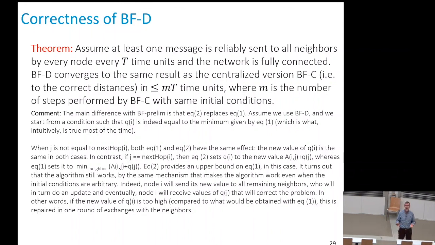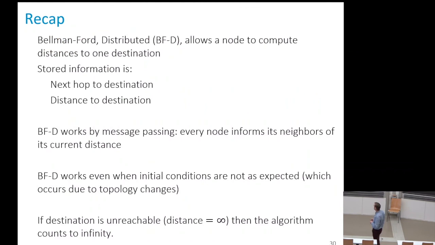So this is our last theorem in our series of Bellman-Ford variants. This version of Bellman-Ford converges to the true distances if the network is fully connected, and goes to infinity if there is no path from this node to the destination. This is the correctness result.